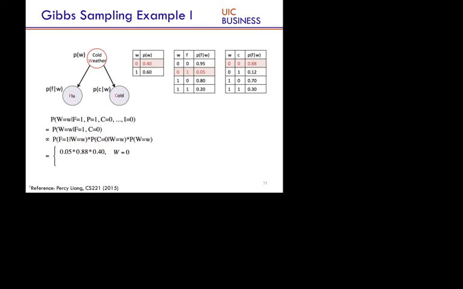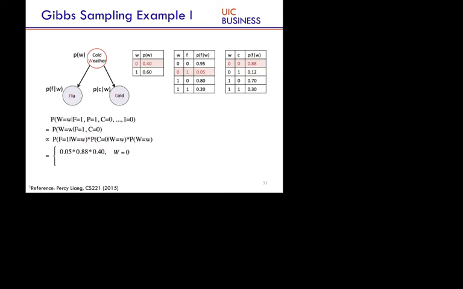So the probability of F equal to 1 given W equal to W you can read from here, and the probability of C equal to 0 given W equal to W you can read from here. Sorry, this has to be C. And the probability of W equal to 0 you can read off from here. So that's this number.